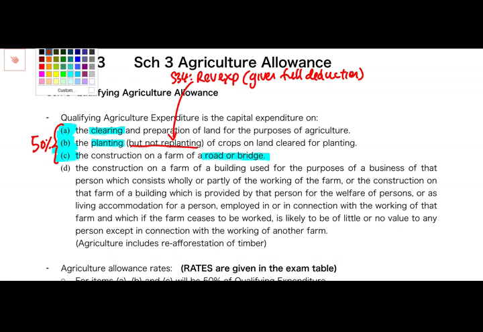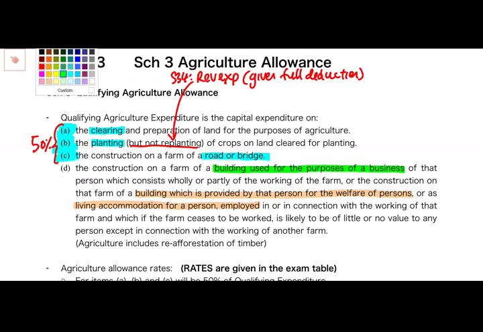Okay, then going down to D. Now D is a bit long, so I'm going to categorize it for you. Okay, the building used for purpose of the business, that's one. And then the other one is building that is provided for the welfare of the person or living accommodation for the person employed.